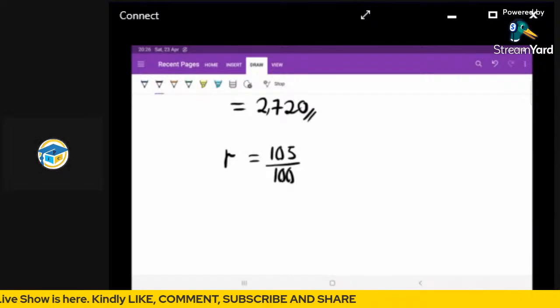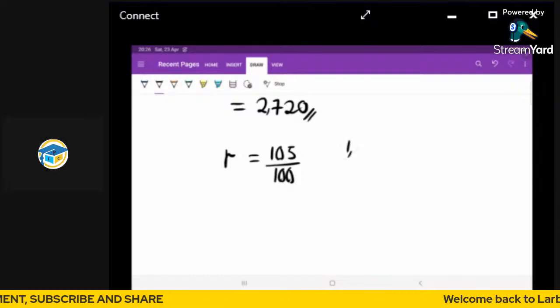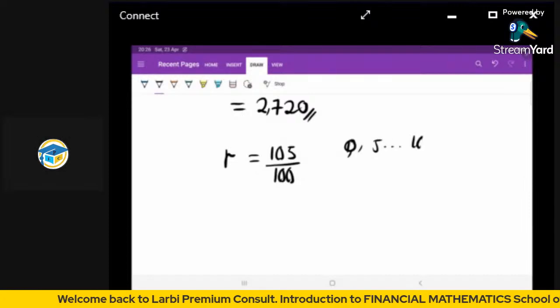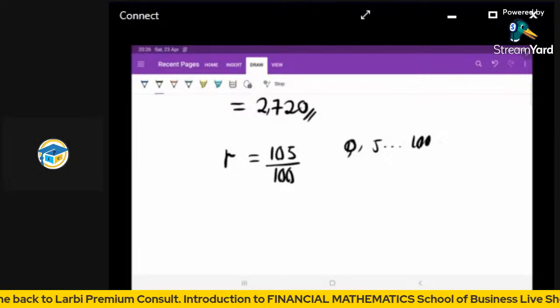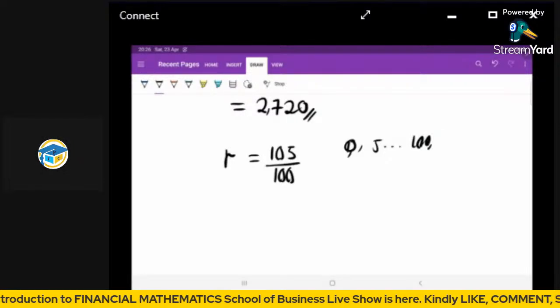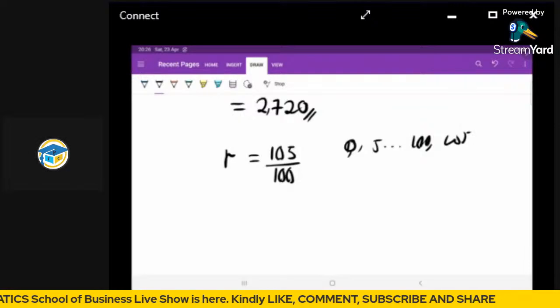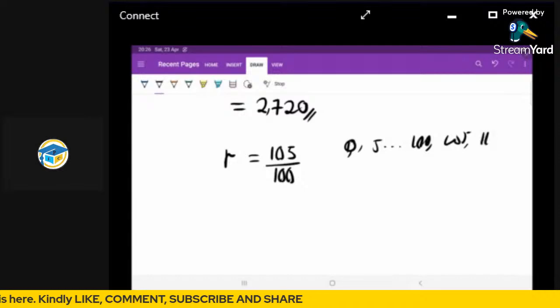Let's say from 0 you move on to 5, and then on to 100%. From 100%, since the percentage difference is 5%, you move on to 105.